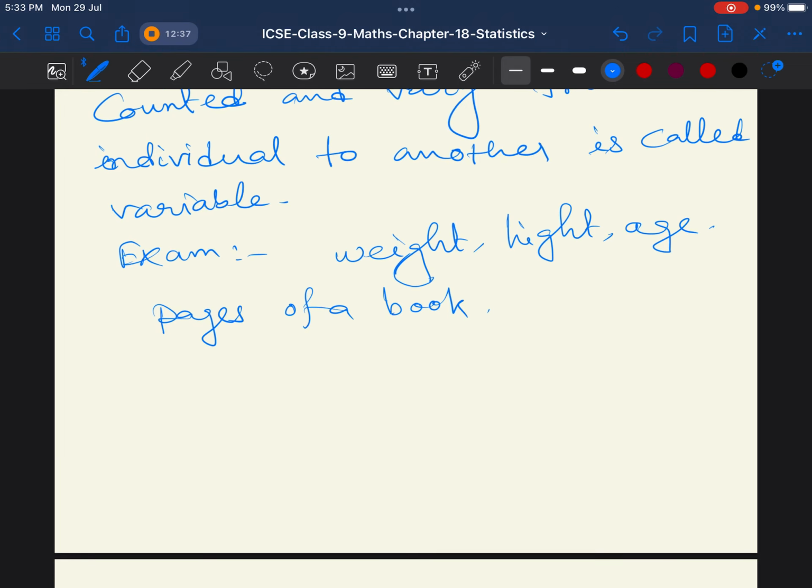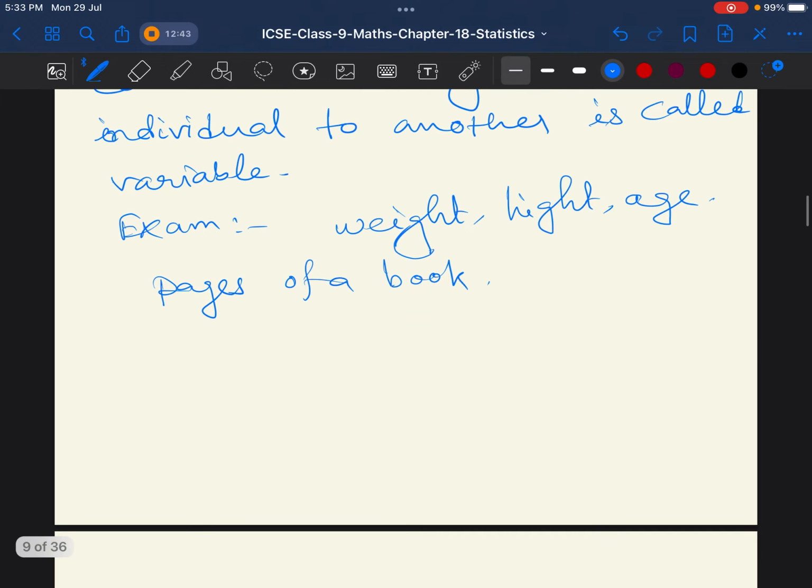Now we know two variables, one is the continuous variable and another is the discrete variable. So first we will discuss the continuous variable. What is a continuous variable?